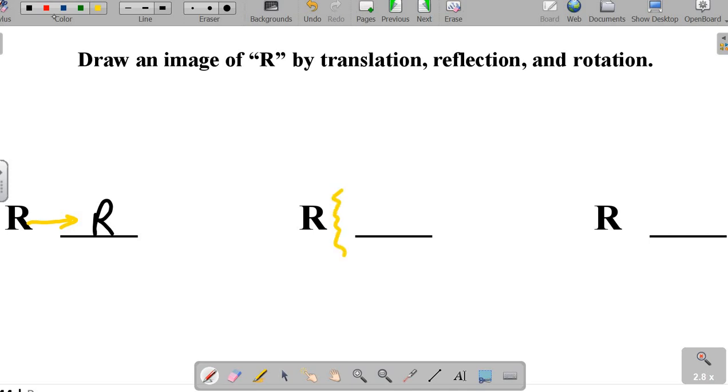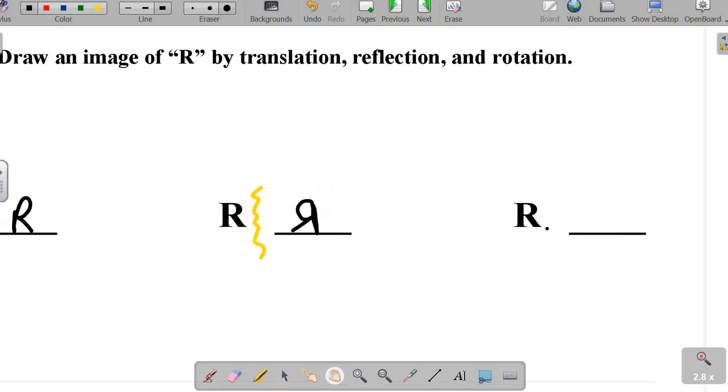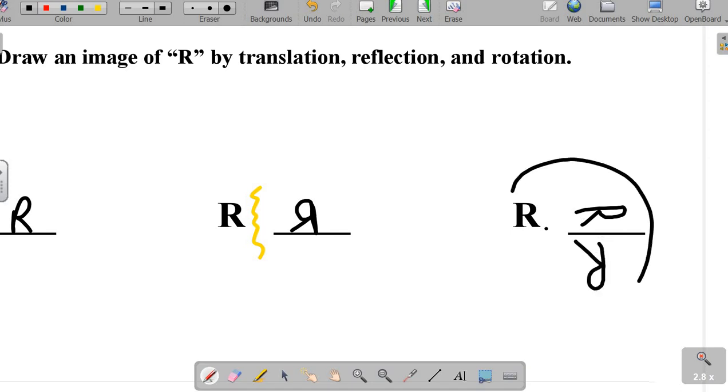Reflection, imagine a mirror. Rotation, imagine if you were to put a dot there and rotate however many degrees. Let's say a 90 degrees rotation would look like this. 180 degrees rotation would look like that, but it's some version of a rotation.